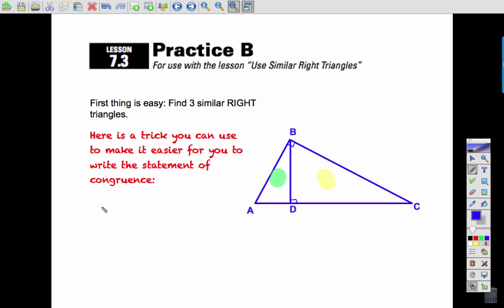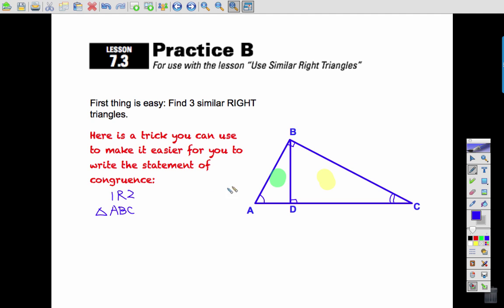If I look at my original triangle, my big right triangle ABC, B is my right angle, 90 degrees, right? I'm going to put A with 1 tick mark. I'm going to put 2 tick marks on C. So I wrote this triangle in the order of 1 tick mark, right angle, 2 tick marks: 1, R, 2.